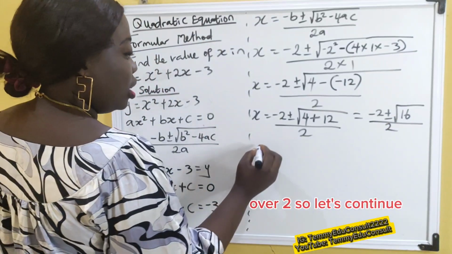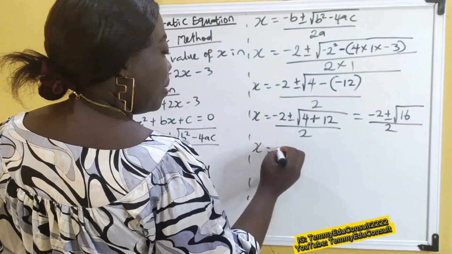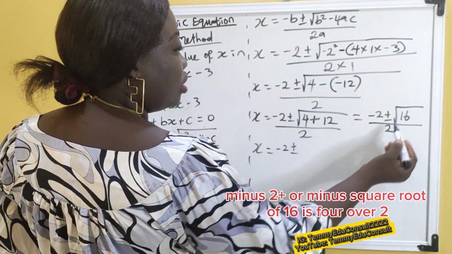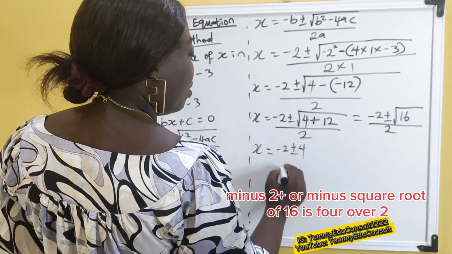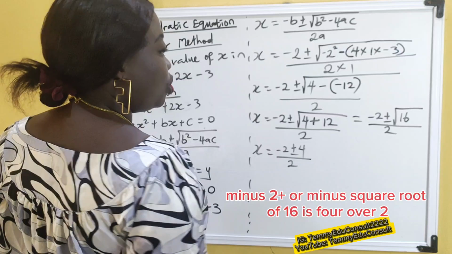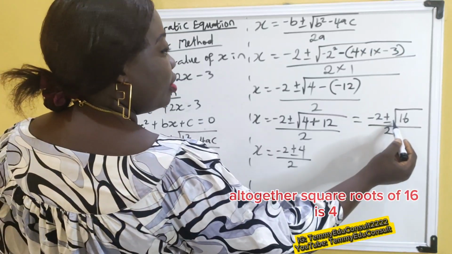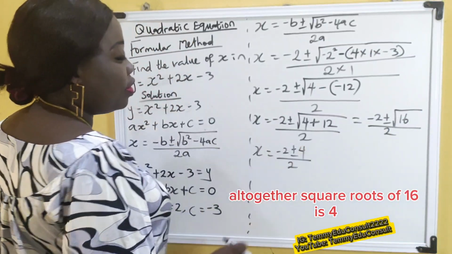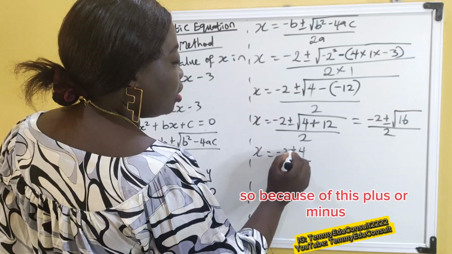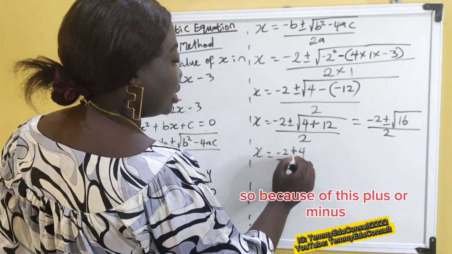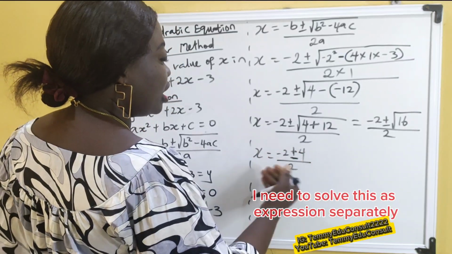over 2. So let's continue. Minus 2 plus or minus square root of 16 is 4 over 2. Are we together? Square root of 16 is 4. So because of this plus or minus, I need to solve this expression separately.